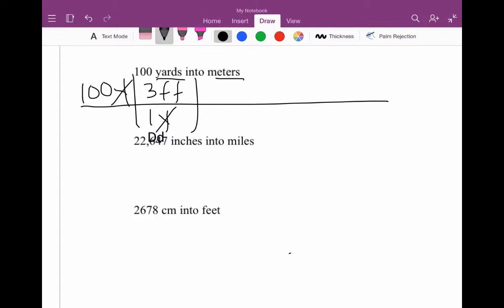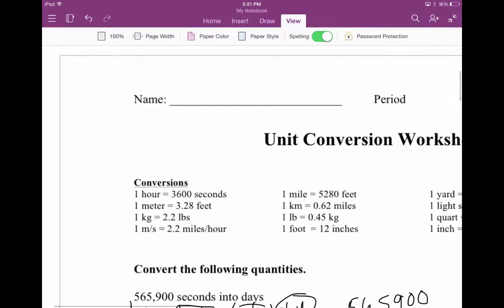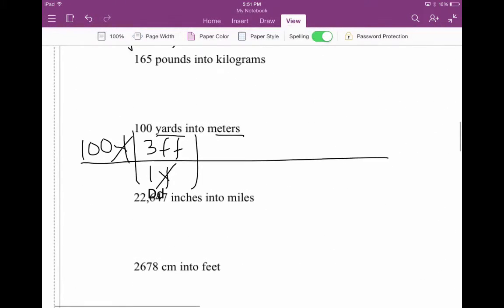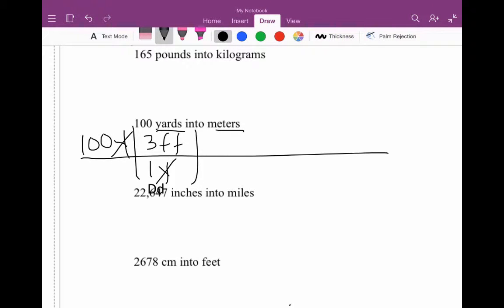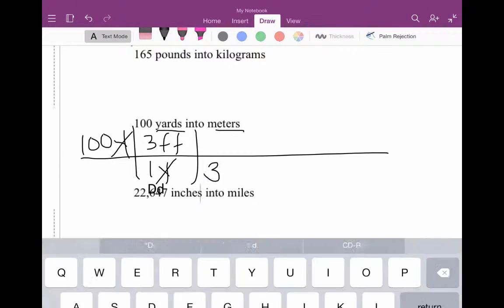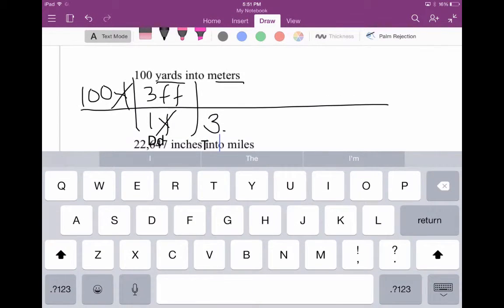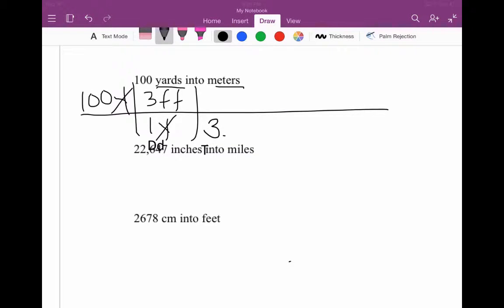Now we go feet to meters, looking for a conversion factor. We have 1 meter equals 3.28 feet. We need to put our feet on the bottom, 3.28 feet equals 1 meter. Feet will cross out.